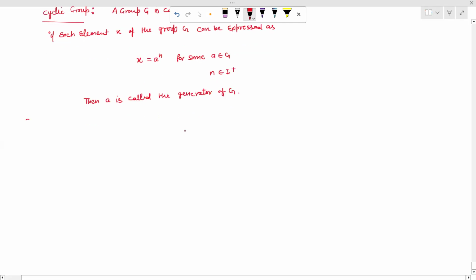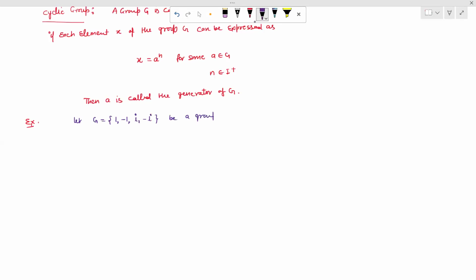Now, we start the example so we understand how. Let G is equal to {1, minus 1, iota, minus iota} be a group. So the generators of group G: we have the definition x is equal to a raised to the power n.